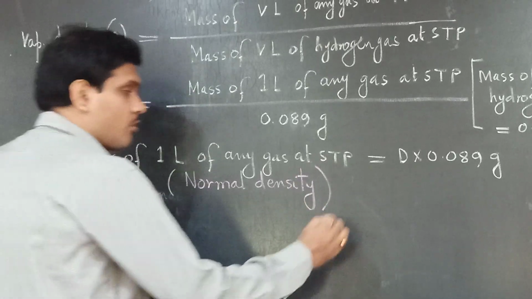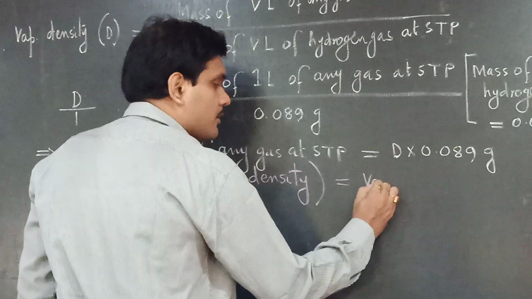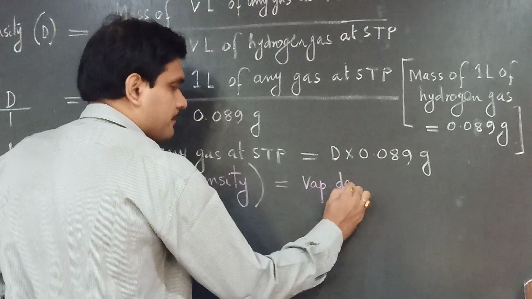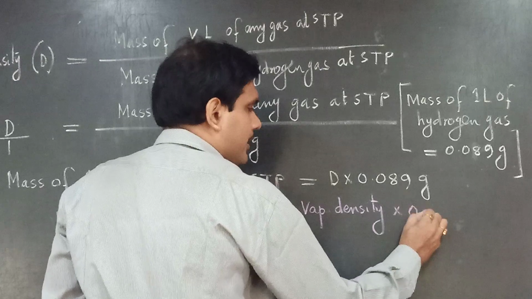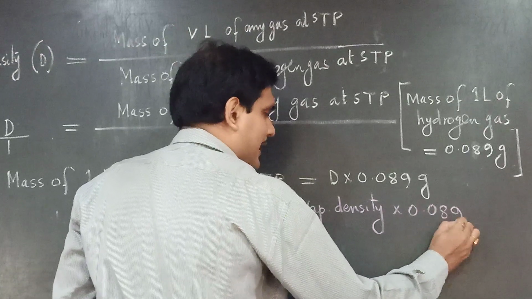So normal density is equal to vapor density into 0.089.